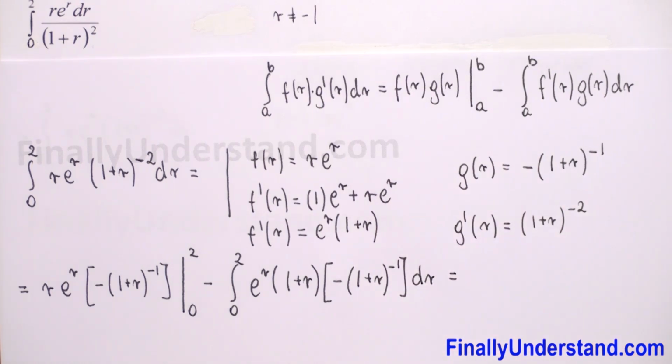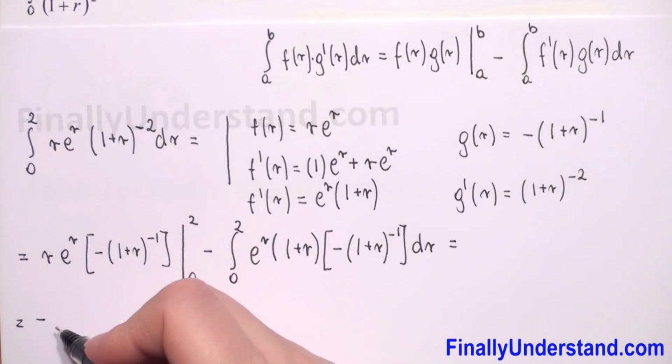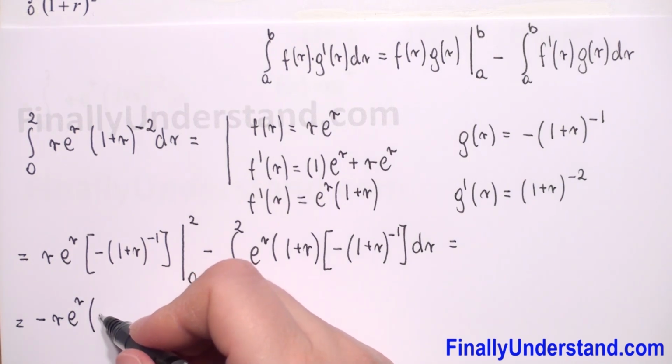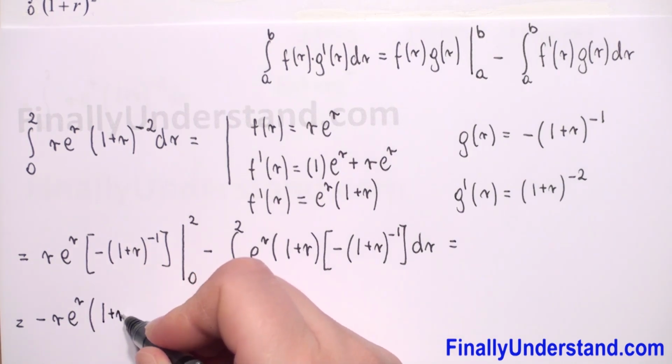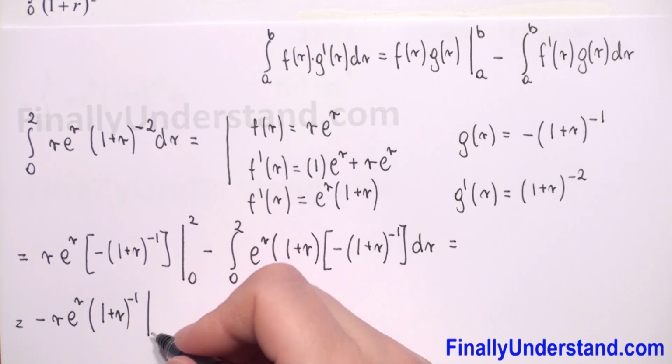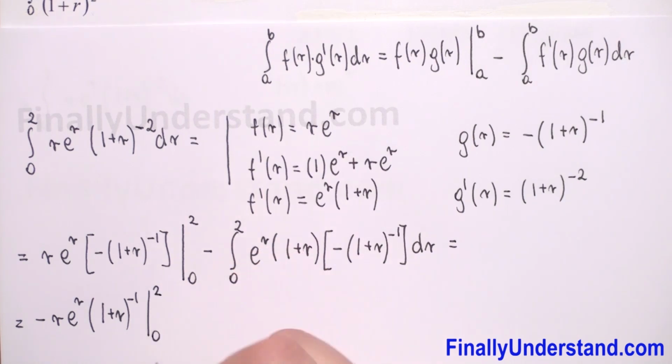So this is equal. First we will simplify it a little. Here we have positive times negative, so it will be negative, and we have r times e to power r, and in parentheses we have 1 plus r to power negative 1, with limits from 0 to 2, minus, and because we have negative and negative, we have to change the sign to positive.